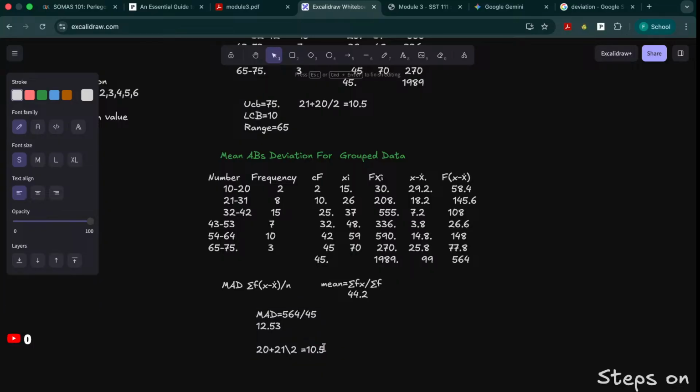Then you should do 10.5, and when we take an average of this, it should give us 15.